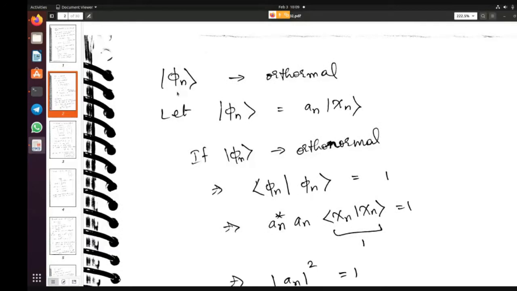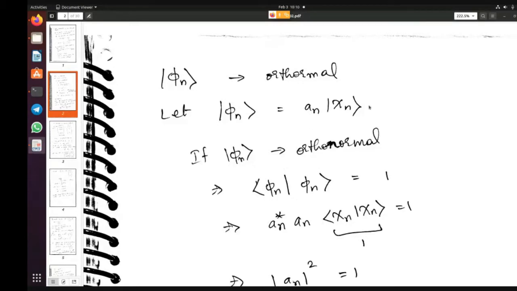Okay. So if phi n is orthonormal, assume that it is orthonormal, then let phi n be equal to a n into chi n. Let us assume that this is some wave vector phi n, and it is given by a n into another vector chi n. So if phi n is orthonormal, then we know that the scalar product of phi n with itself is going to give you 1. So we can just do this here.